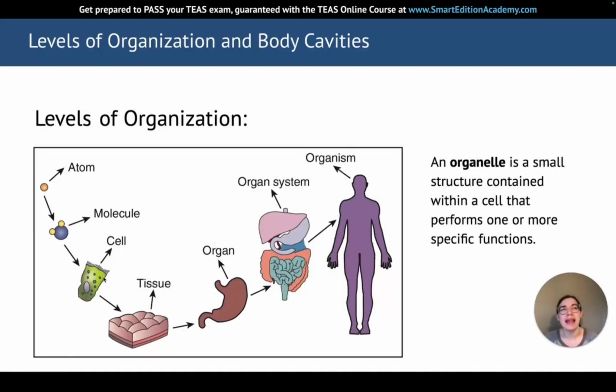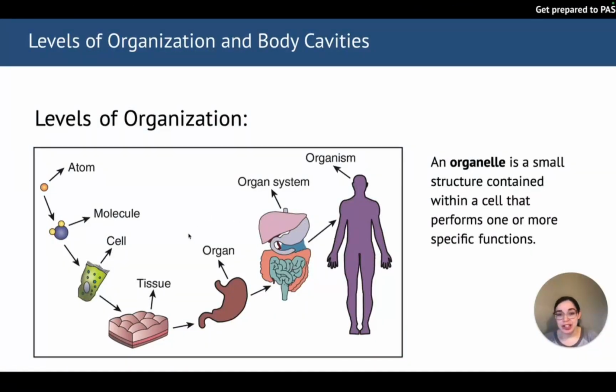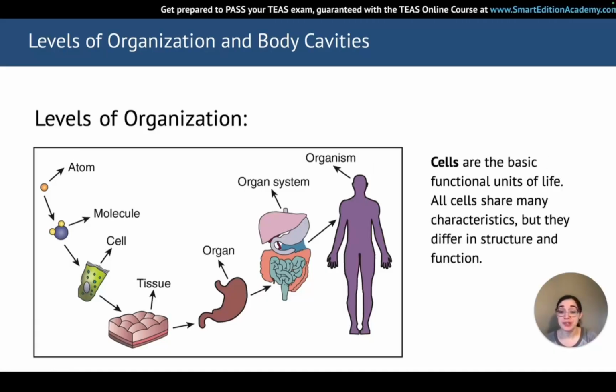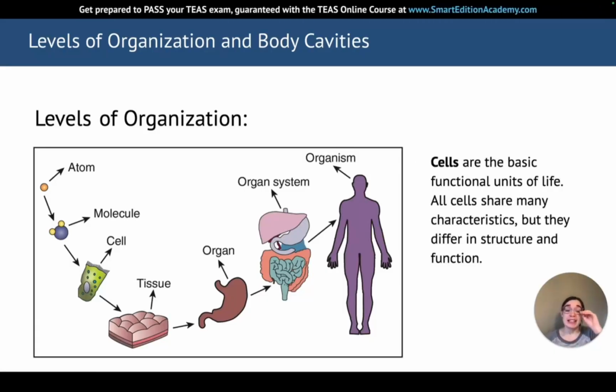So think of them like tiny organs in a cell, and that'll make more sense when we cover the organ level in just a moment. But essentially this is the cell's tiny organ that is performing one or more specific functions for that cell, an organelle.